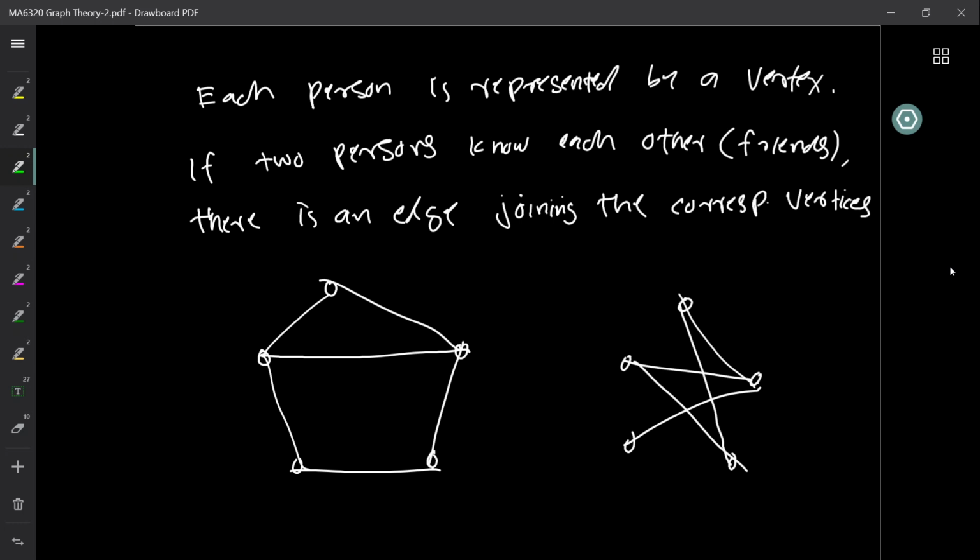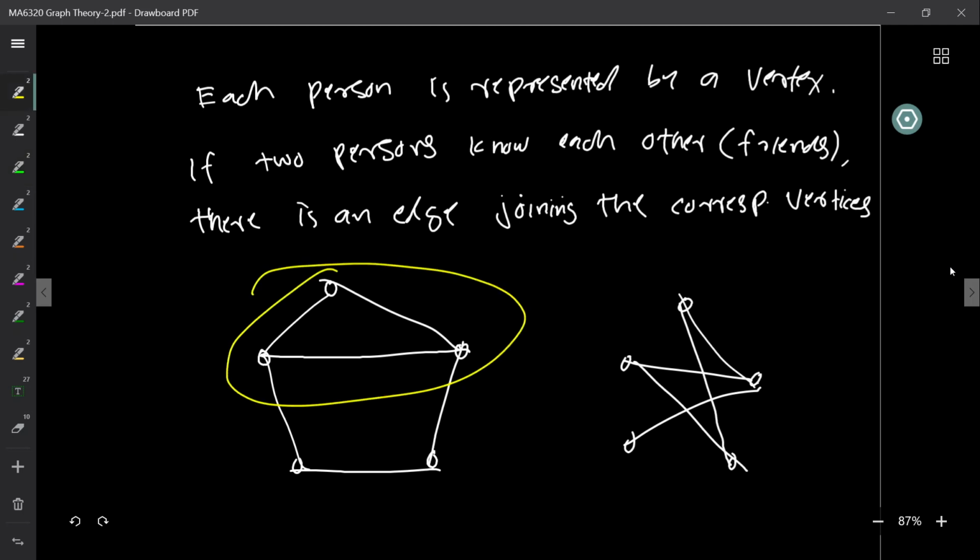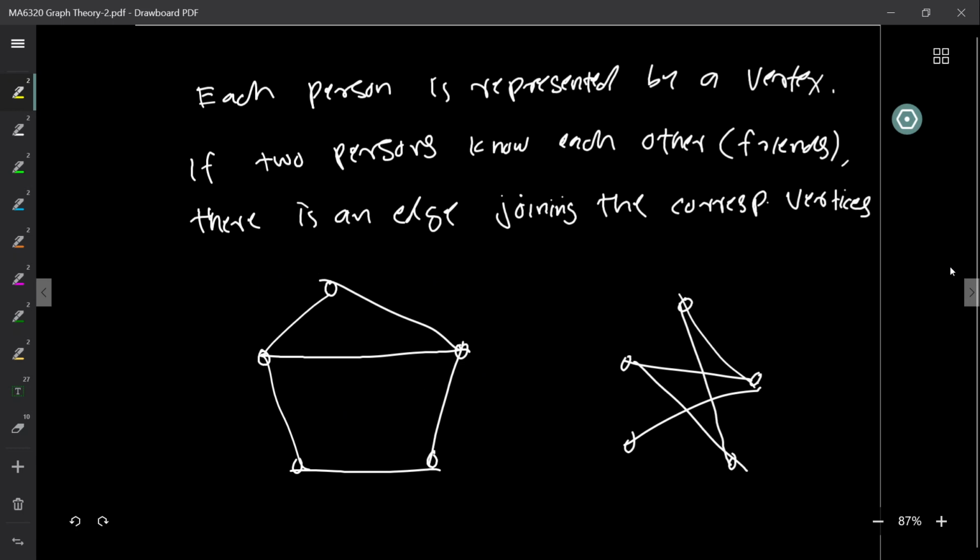So if you have a representation like this, then you can see whether. In this case, you immediately see there are three vertices which are adjacent. If this is the acquaintance relation, you have three mutual acquaintances, right? On the other hand, you also have three mutual strangers in this case, for example, this and this, they are mutually non-adjacent.